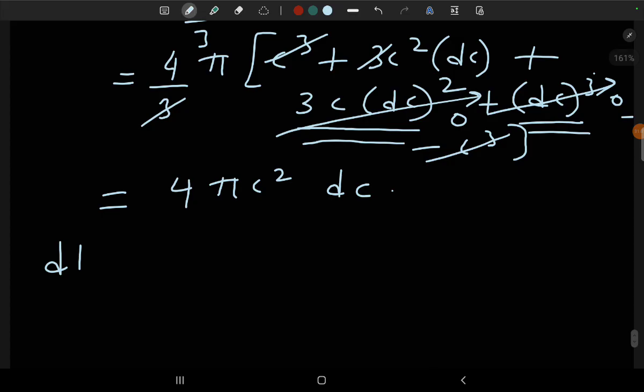And the total number of molecules in the speed range c to c plus dc, which is given by dnc, will be equal to the point density, which is uniform for gas molecules, into this dv shell.